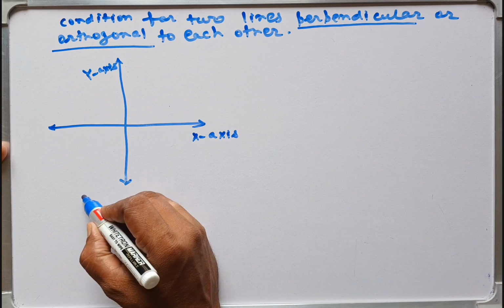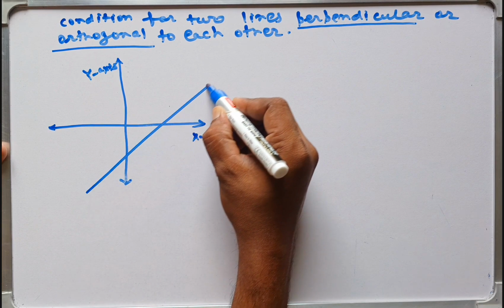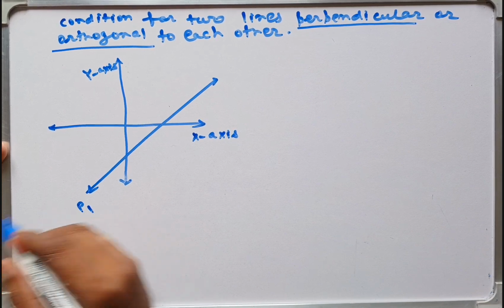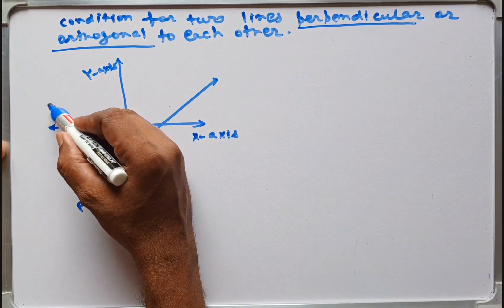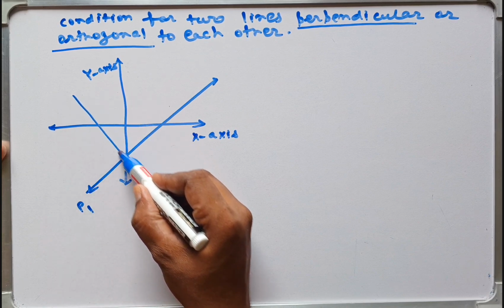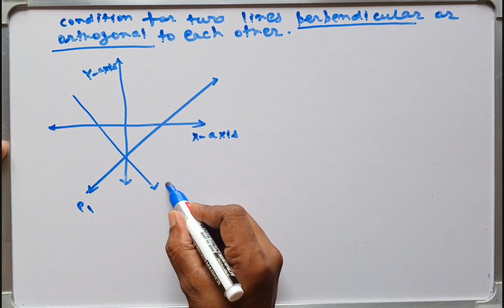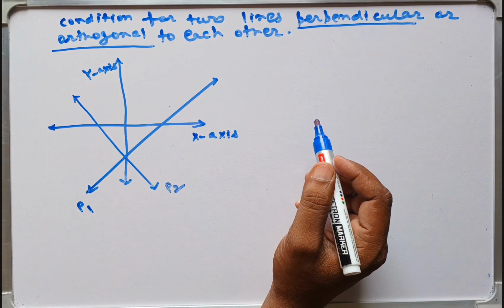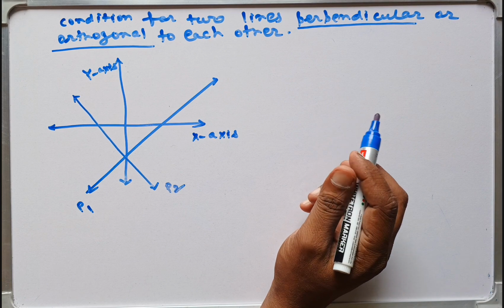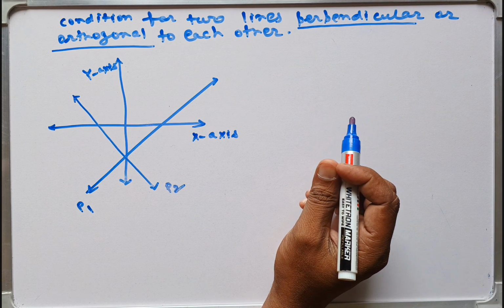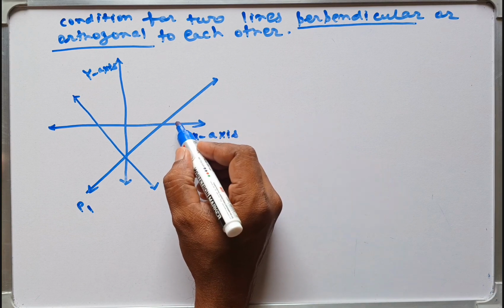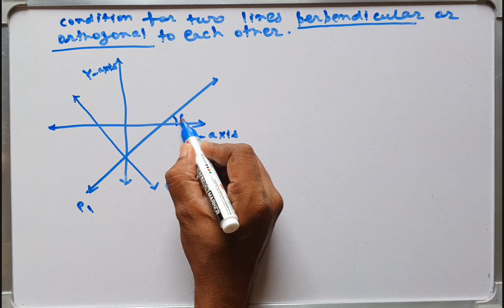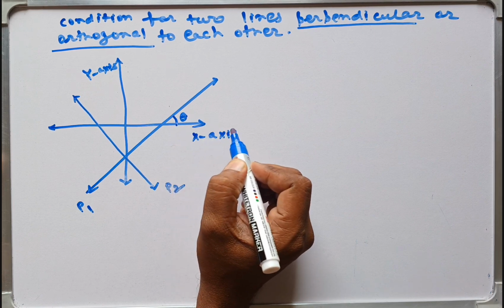Now consider here one line, say P1, and another line, say P2. So guys, what shall be the condition so that two lines are perpendicular to each other? Suppose this P1 line makes an angle of theta with the x-axis.